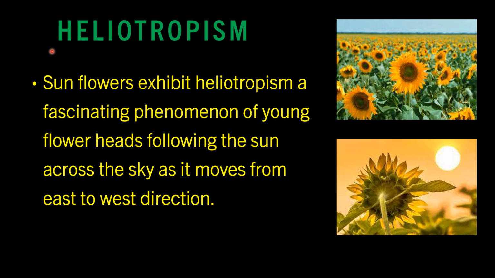The next type of tropic movement is heliotropism. You can observe it in the Compositae family or sunflower family. Sunflowers exhibit heliotropism, a fascinating phenomenon of young flower heads following the sun across the sky as it moves from east to west.